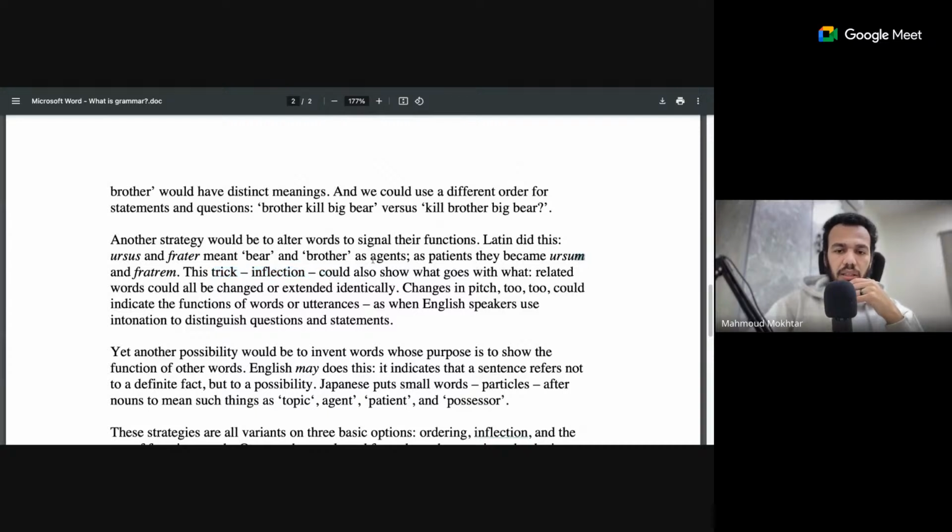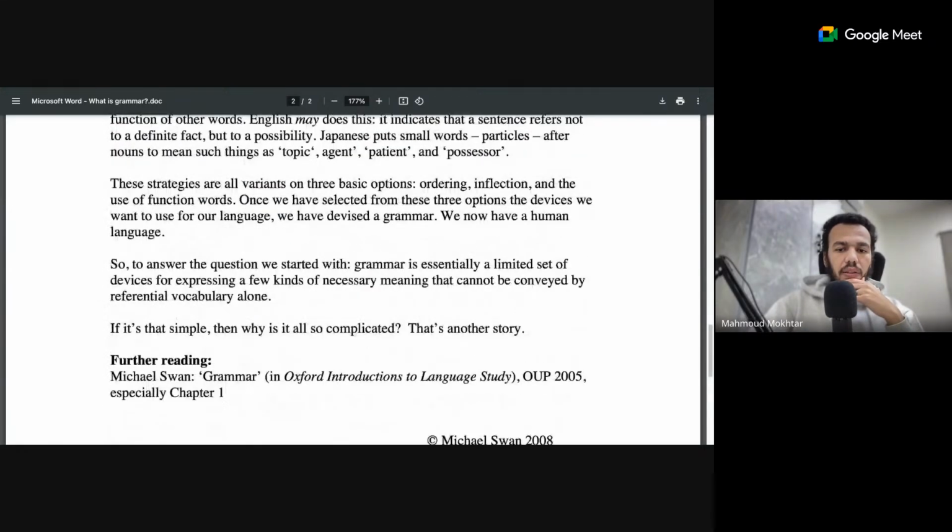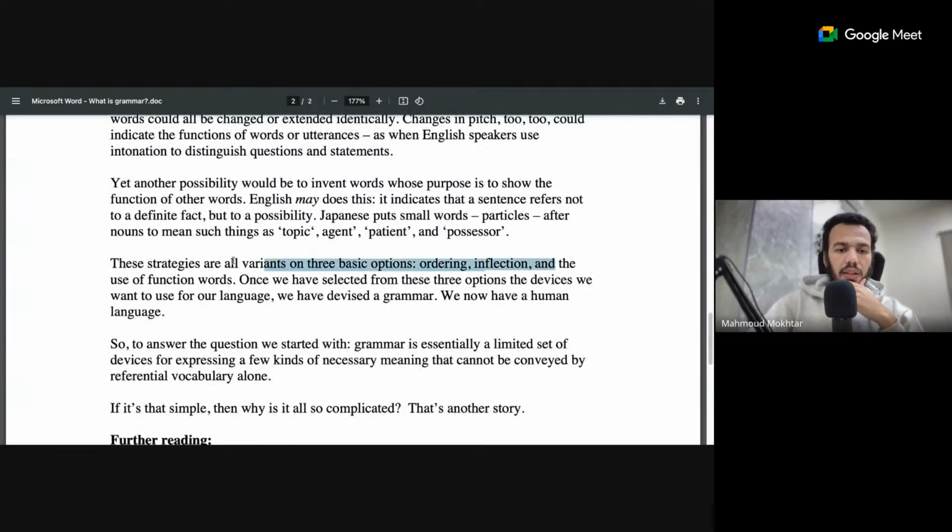Inflection is when we change the endings of the words, which signals their function. The third one is the use of function words, using may here.